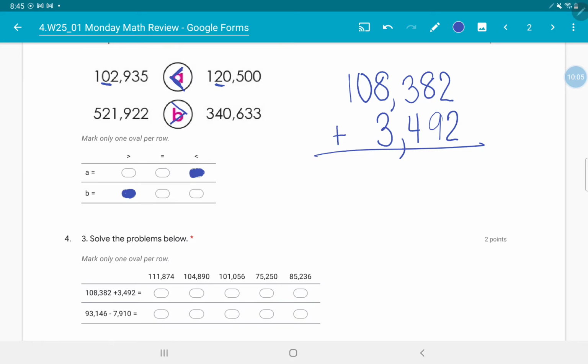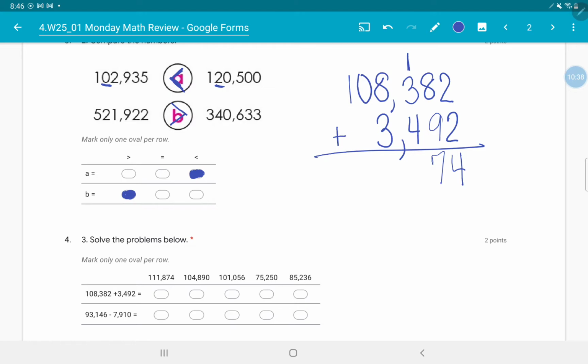Then what? 8 plus 9 is 17. Okay, so what am I going to write? 7 and add 1. Okay, the 7's going to go in the tens place. And what do you mean by add 1? And carry the 1 over to that 3. Very good. I've got to carry the 1 to the next place value, which is the hundreds.